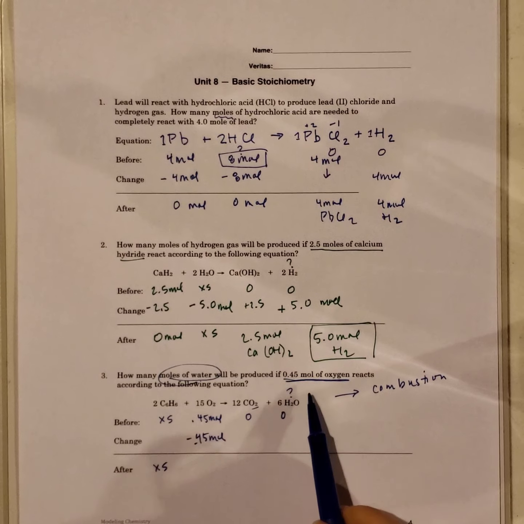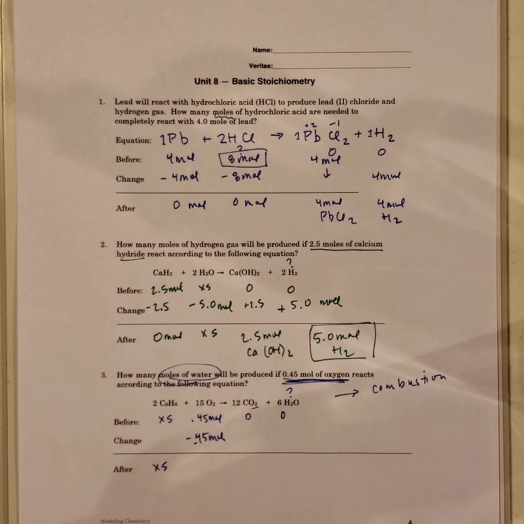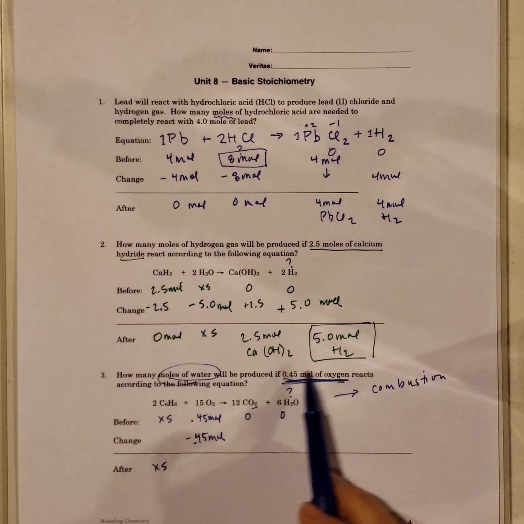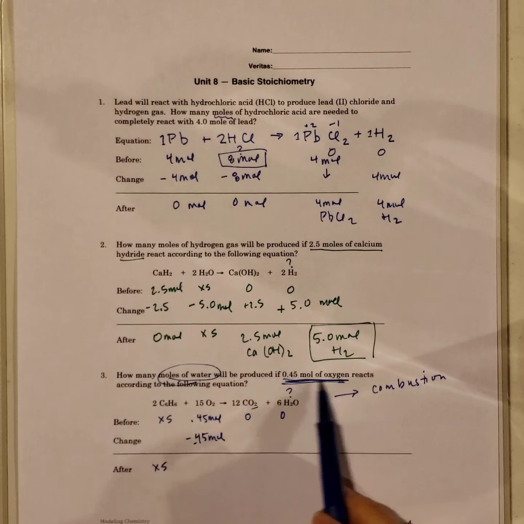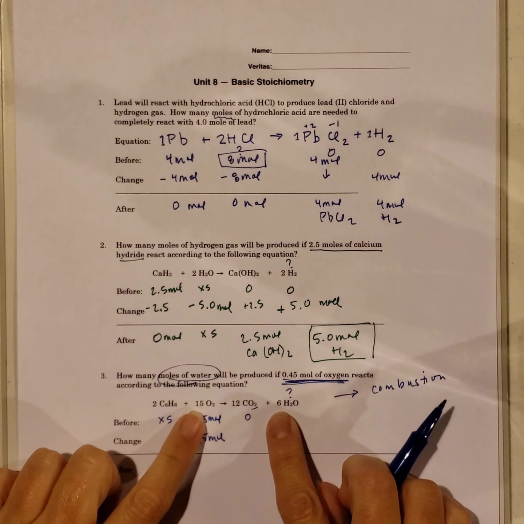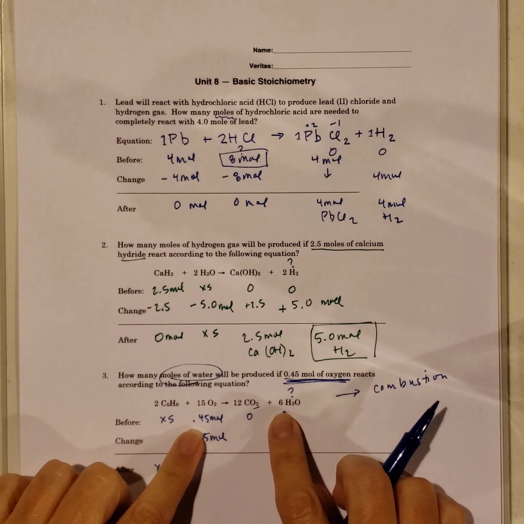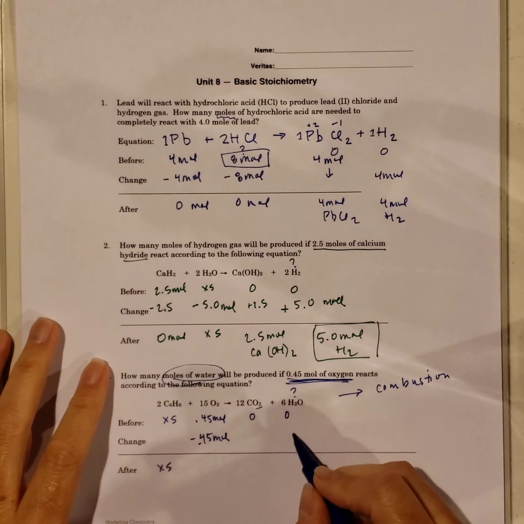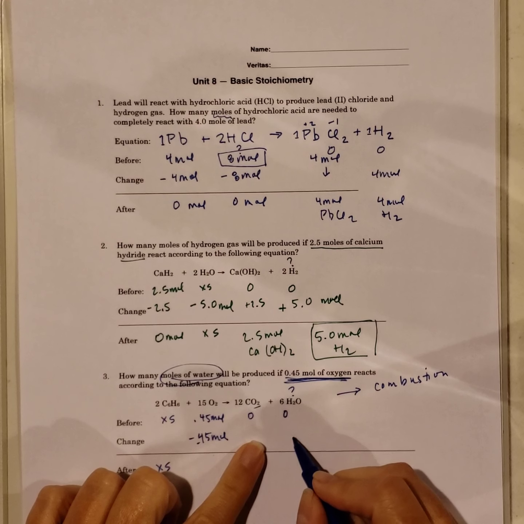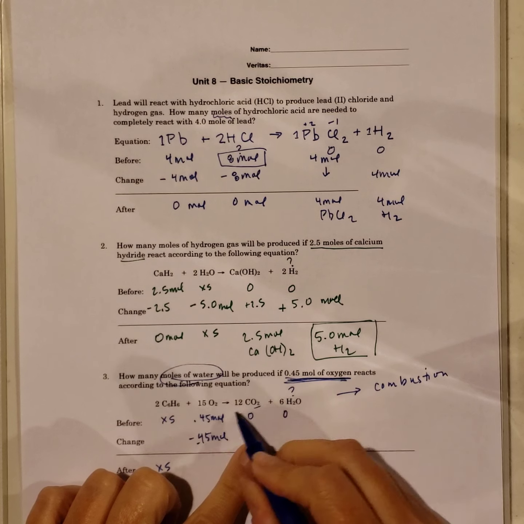What we're looking at is, using the 0.45 moles of oxygen, how many moles of water we will have. So notice our relationship here. We have 15 parts here. We have 6 parts here. So in order to calculate how many moles we will have, we need to take the water.